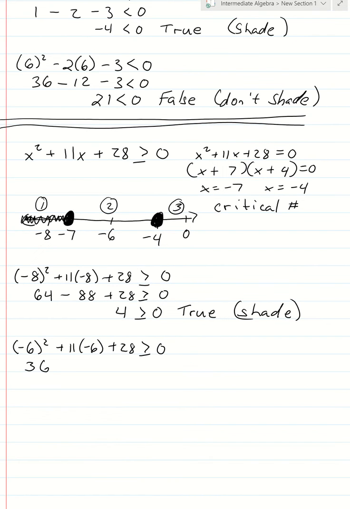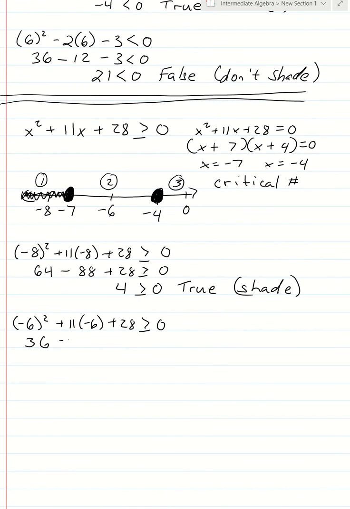Negative 6 times 11 would give us, of course, negative 66, plus 28. Is that greater than or equal to 0? Well, if we do 36 minus 66 plus the 28, we get negative 2. And is negative 2 greater than or equal to 0 according to the original inequality? No, that is false. And if it produces a false statement, that means that you do not shade that particular region.